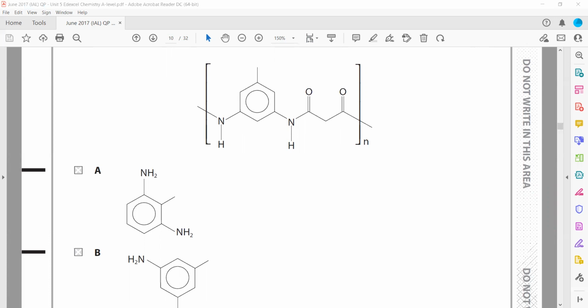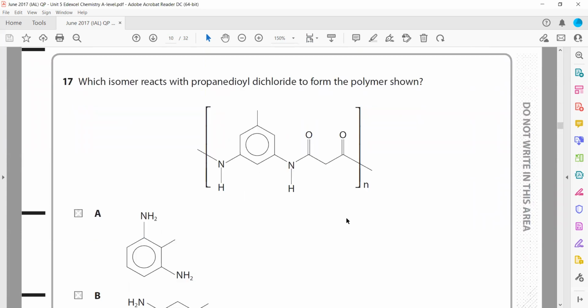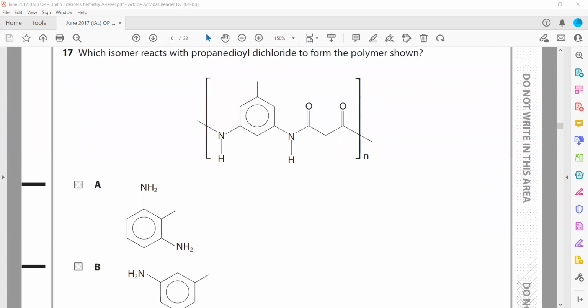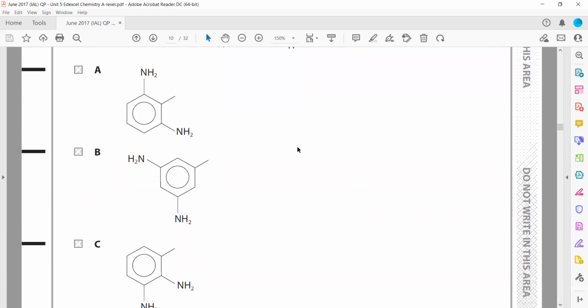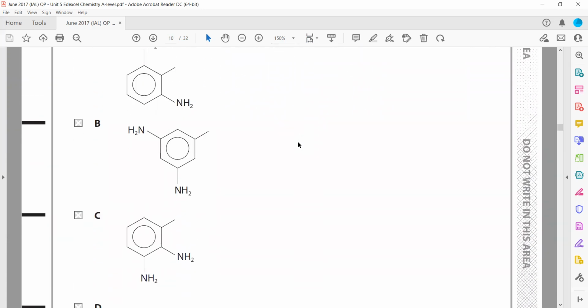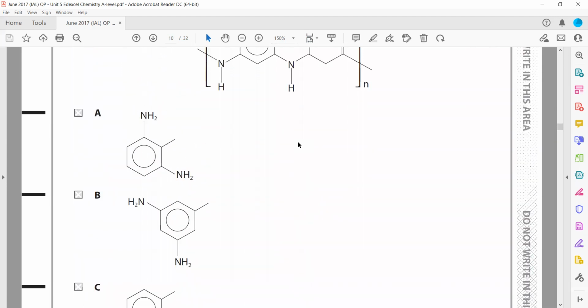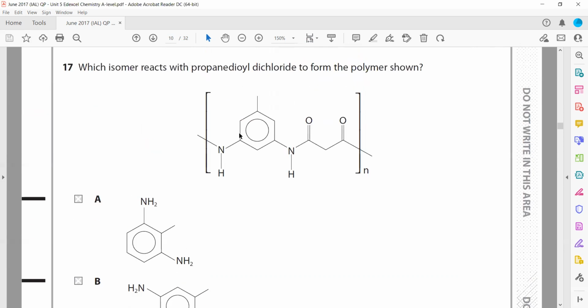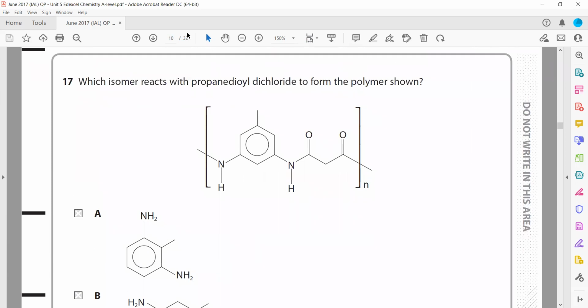So condensation polymers can be formed between amine and carboxylic acids, or it can react with amine and ethanoyl chloride, like acyl chloride you can also say. So basically we have to work out this part.